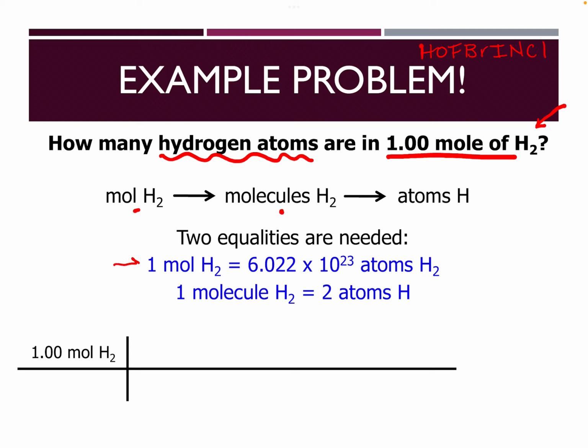Going from moles to molecules, we are going to use Avogadro's number. That's how we get essentially from the macro scale to the micro scale. Get from moles of a substance to atoms or molecules of a substance. And my apologies, this should say molecules of H2.